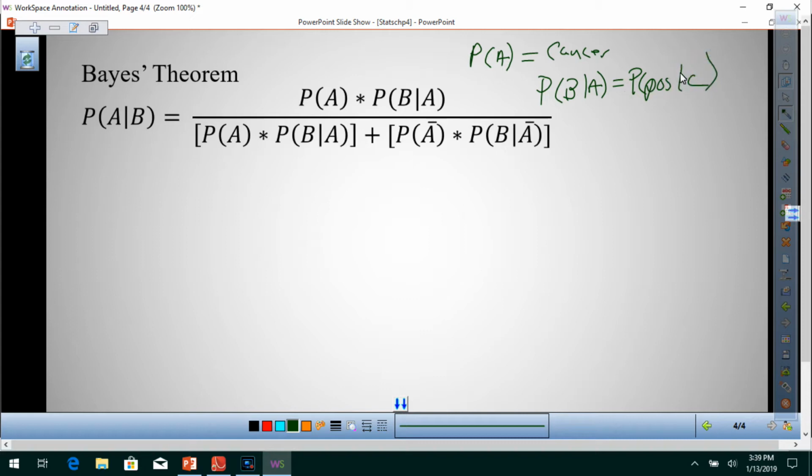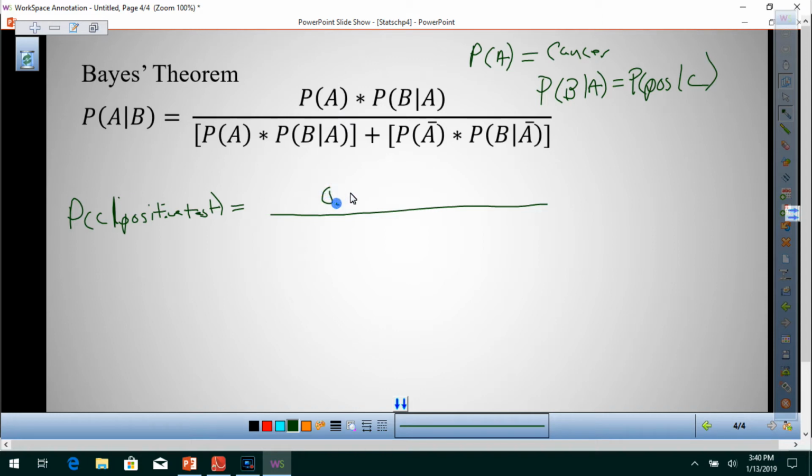Kind of running out of room, so I just did a little thing. So here we go. The probability of cancer given a positive test equals the probability of A, which we already got from the other method.